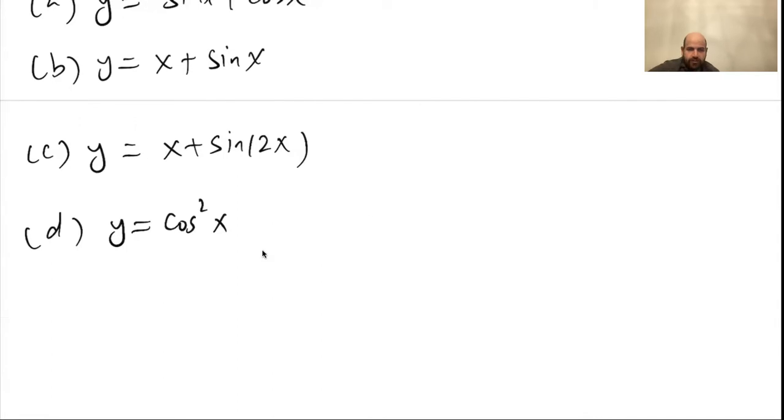This is also one of the functions that can be sketched using the methods we learned in this course, using derivatives and finding local max and min.